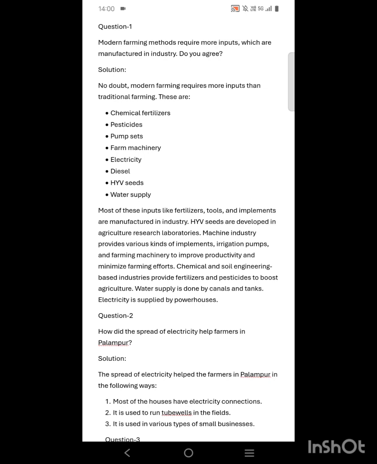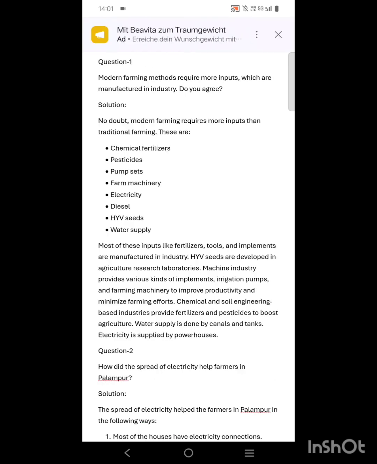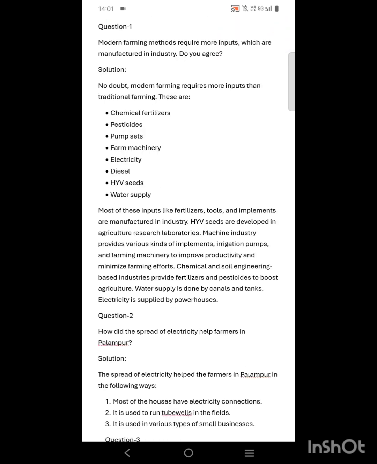Electricity is generated by the powerhouses, but things like chemical fertilizer, pesticides, HYV seeds are actually manufactured in industry, because there are certain chemicals that are only used in industries for these kinds of elements and are not used in local areas or in local industries. These are specified by the popular industries. So most of these inputs like fertilizer, tools and implements are manufactured in industry.